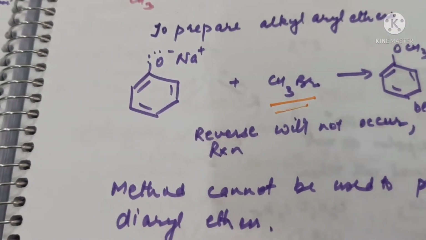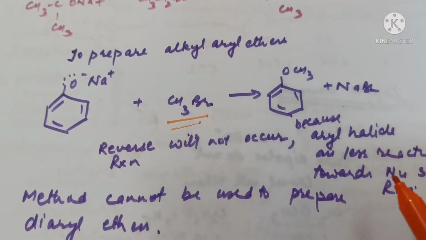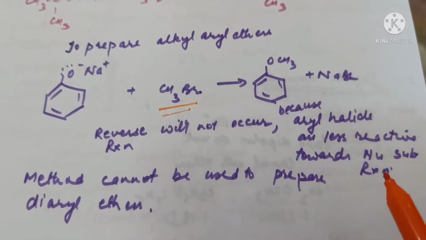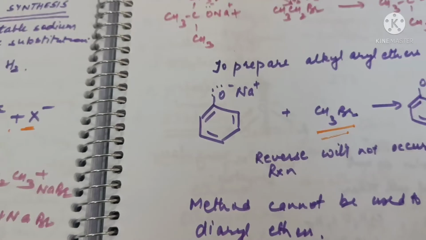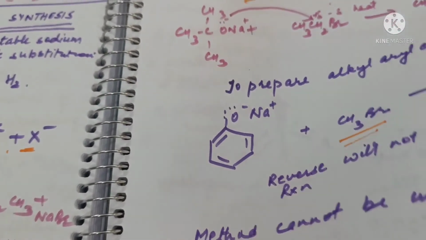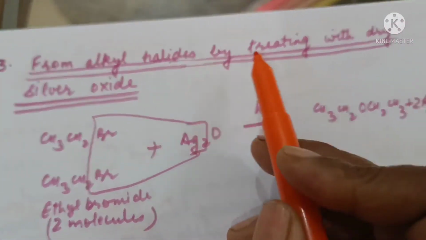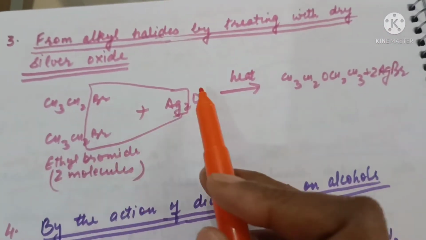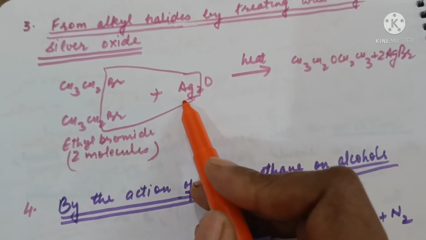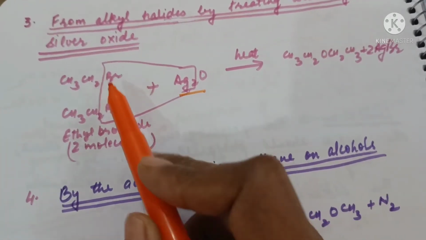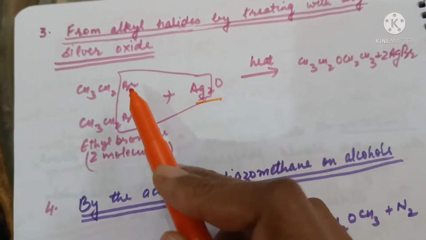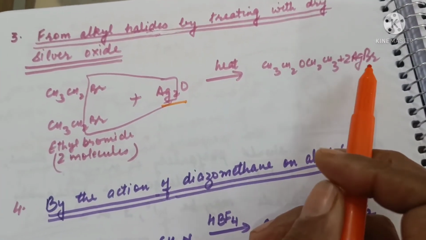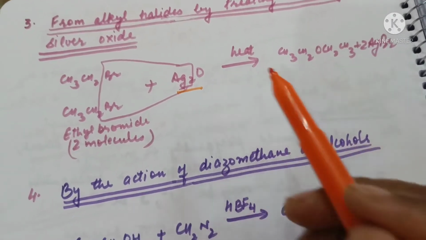And because aryl halides are less reactive towards nucleophilic substitution reactions, diaryl ethers cannot be prepared by Williamson's synthesis method. From alkyl halides, we can also prepare ether by reacting with dry silver oxide. 2 molecules of alkyl halide plus silver oxide: AgBr is removed and ether is formed.